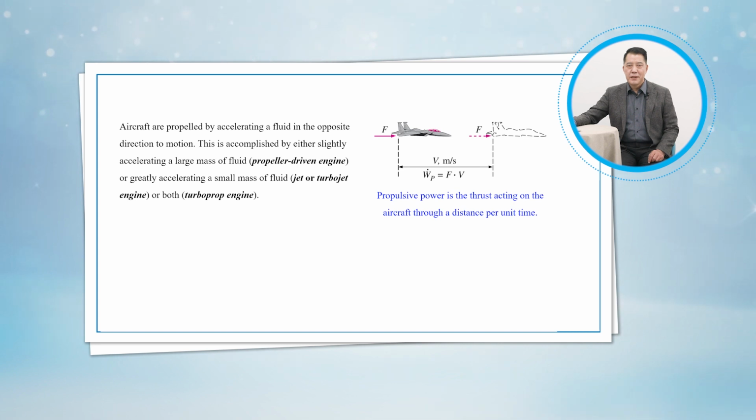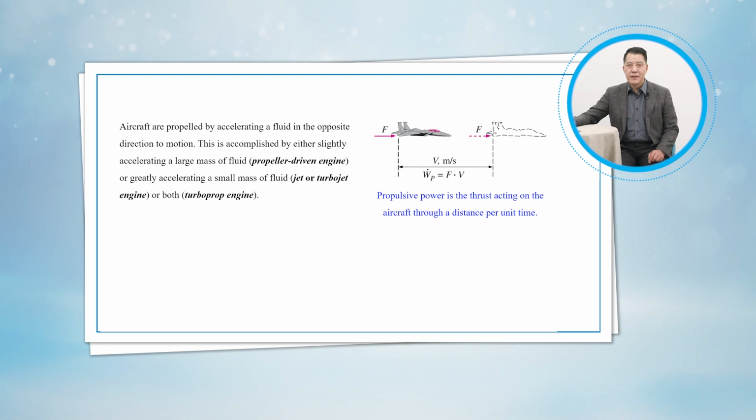It is mixed with fuel in the combustion chamber, where the mixture is burned at constant pressure. The high pressure and high temperature combustion gases partially expand in the turbine, producing enough power to drive the compressor and other equipment. Finally, the gases expand in a nozzle to the ambient pressure and leave the engine at a high velocity.